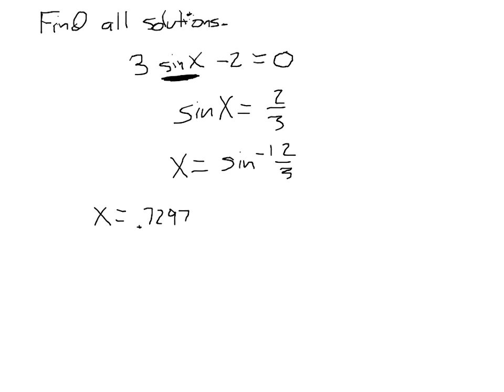And so that is in radians, and that's the angle measure that gets us to 2/3 as a y-coordinate. Now we know that there's going to be another value on our unit circle, and so how do we find that one? It was easy when we're using our unit circle and have it in front of us, but now we don't have that ability, so how do we figure this out?